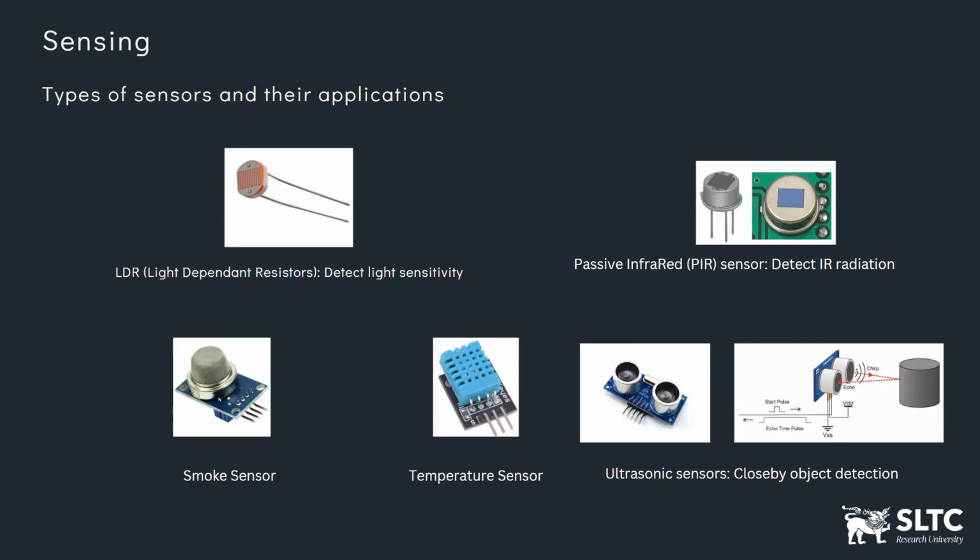Depending on the delay the signal takes to return to the ultrasonic sensor, the sensor predicts the distance to the object, right? Therefore this sensor is used for close-by object detection, right?